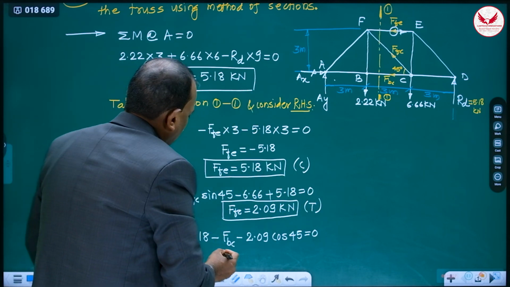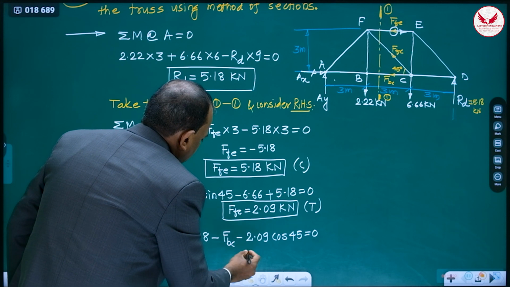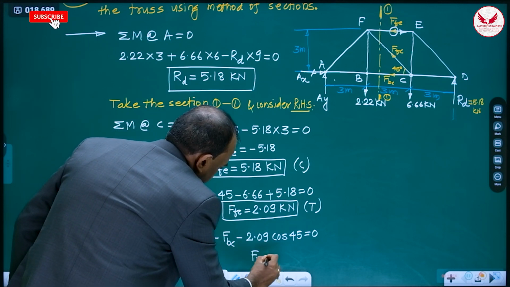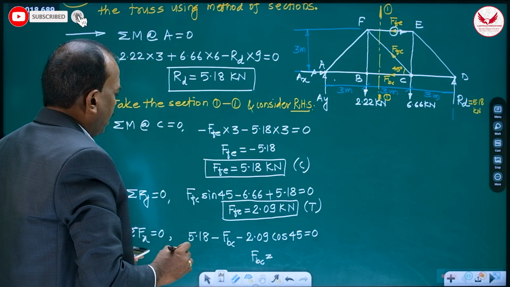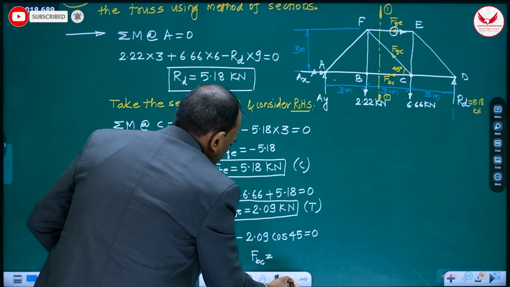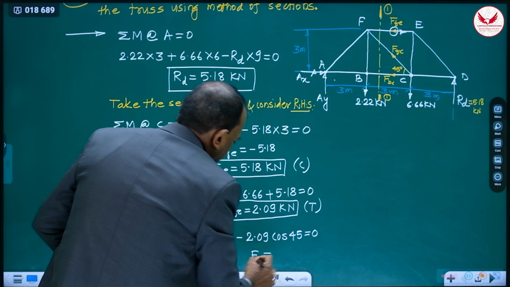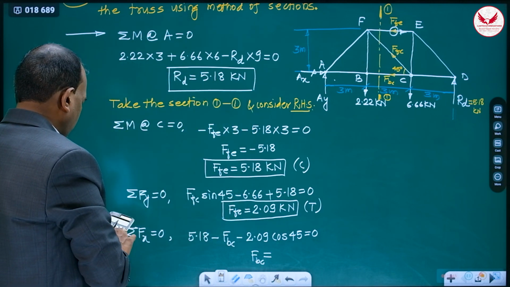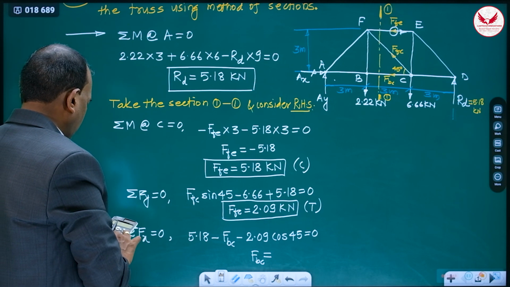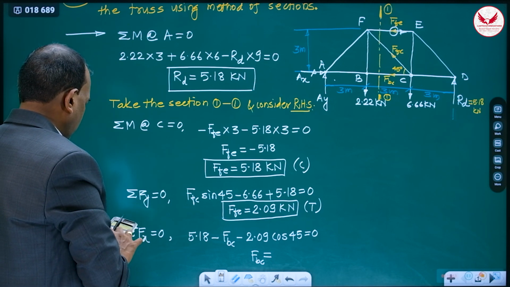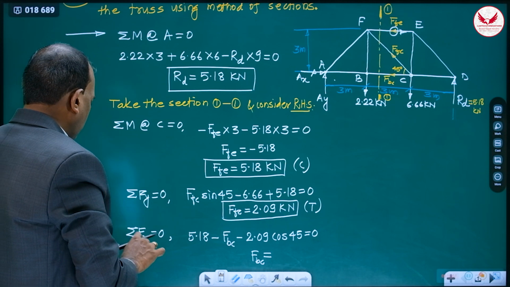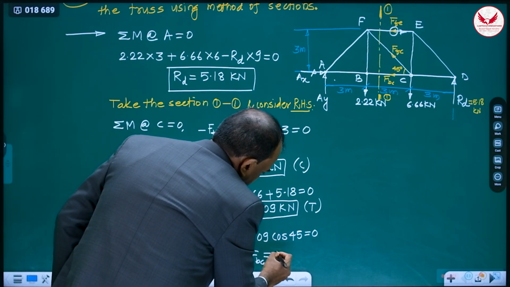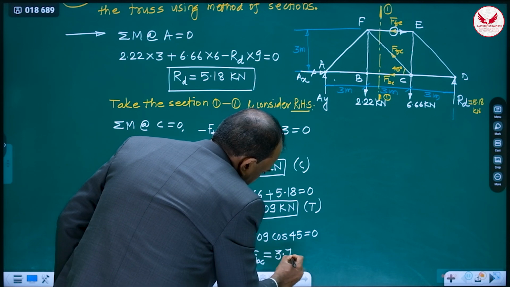And if we make this calculation, again we'll get FBC. And that FBC is going to be 3.70.